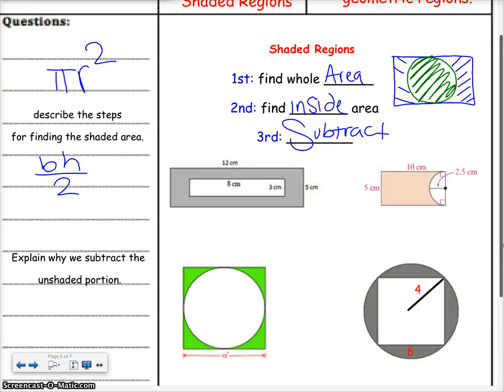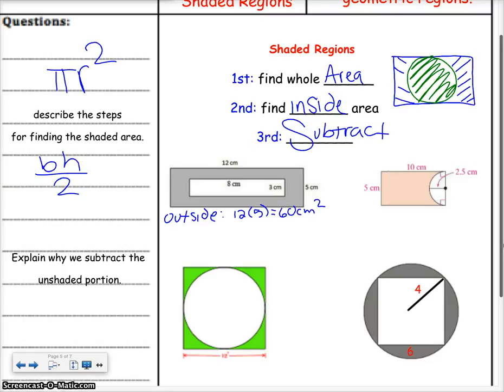Okay, so for this first example, I want to find the area of my gray shaded region. So I'm going to find my outside area, or the whole area. They're the same thing. So my outside area is 12 times 5, which is 60 square centimeters.